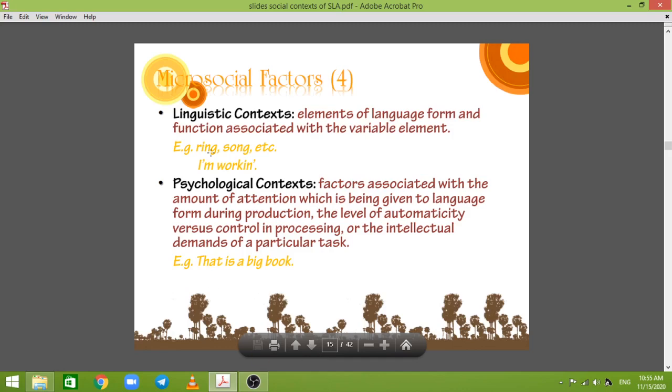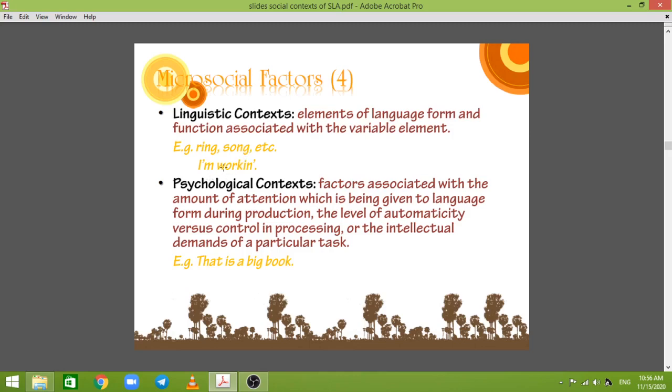For example, like ring, song, etc., and am working. For the first example, like ring and song, we have a relation to the phonology, like sound, right? They use only one syllable, ring and song. So for this one, we can see one of the linguistic contexts, that we use only one syllable that is related to sound.